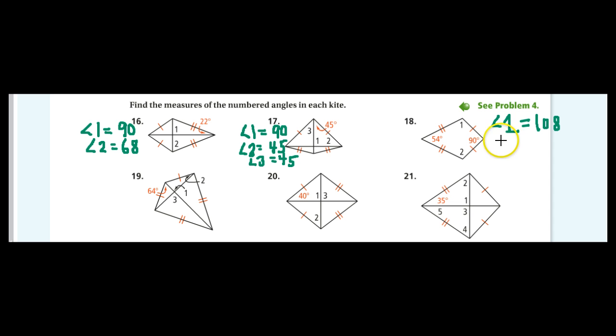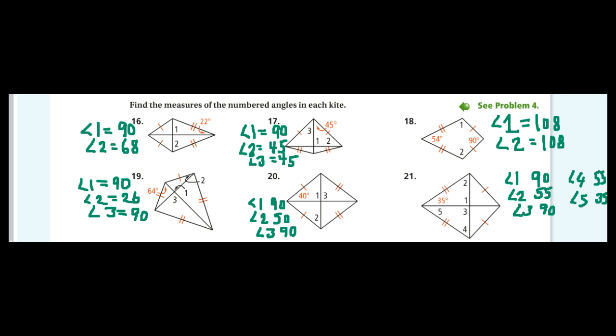Angle 2 is 108. Come down here to number 19, angle 1 is 90. Angle 2 is 26. And angle 3 is 90. And there are the rest of your correct answers for number 20 and 21.